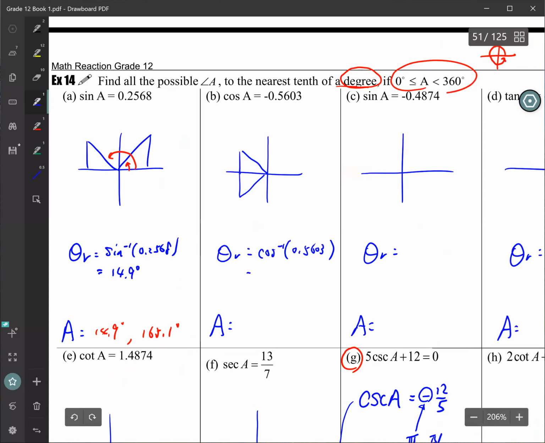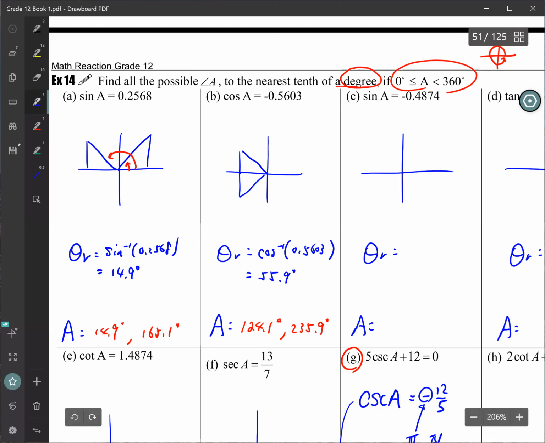And what's your reference? 55.9. Okay, so your first answer is 124.1. Second one, 235.9. Okay, thank you.